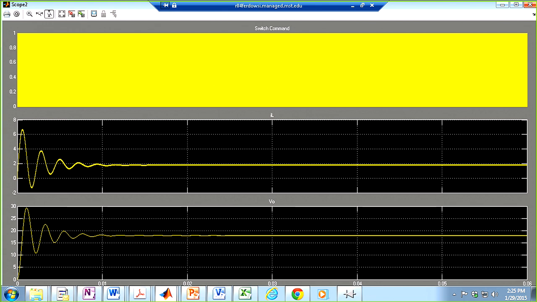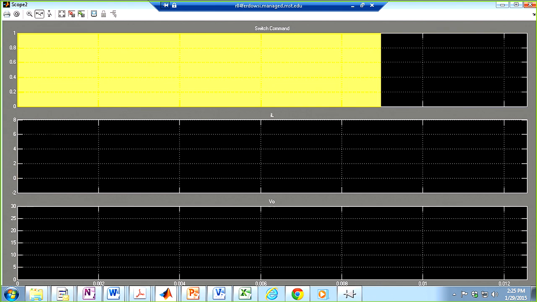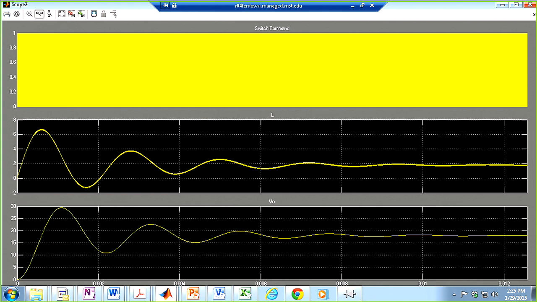One thing that I forgot to mention is, if you look at the transition for the inductor current, it turns out to be negative sometimes. In the previous cases, it was also sometimes negative. This is because we are mathematically modeling things. We don't really have a diode in the system. But in a real buck converter, the inductor current cannot get negative because the diode only conducts one way.